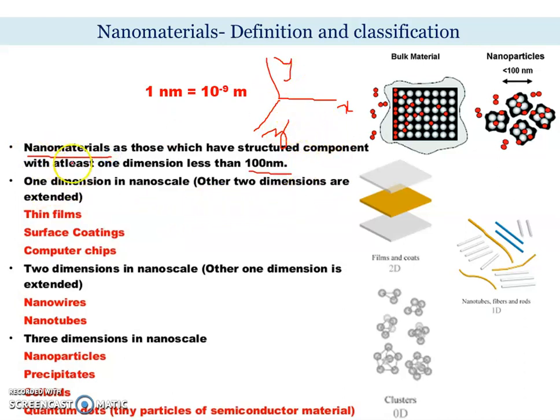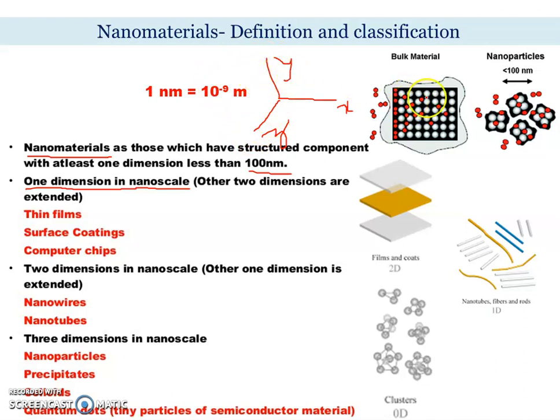Now, what are the classifications of nanomaterials? First, one dimension in nanoscale. For example, if you keep on cutting the x-axis, or you remove the x-axis, you finally end up with a sheet. Have you imagined? You finally end up with a sheet.